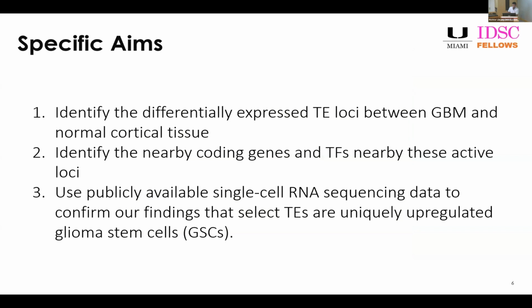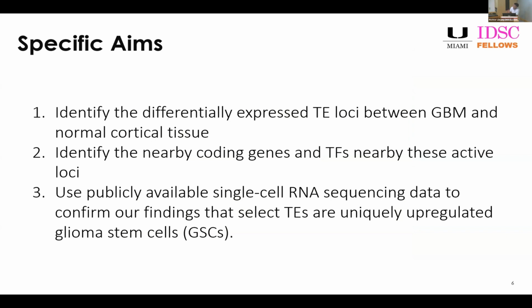So the goals of my project were to map what transposable elements, as well as what location of these transposable elements, differ between cancerous tissue of the brain and normal brain tissue.